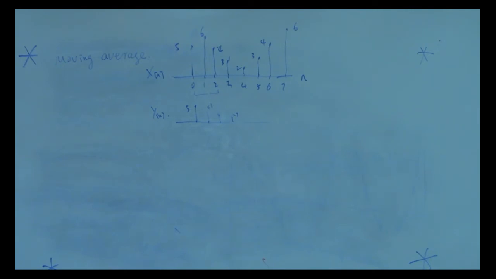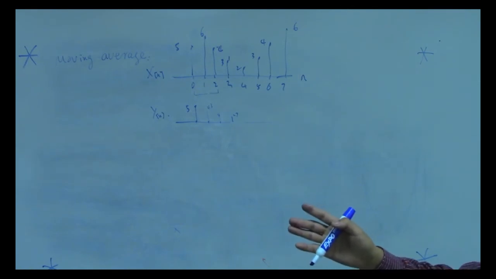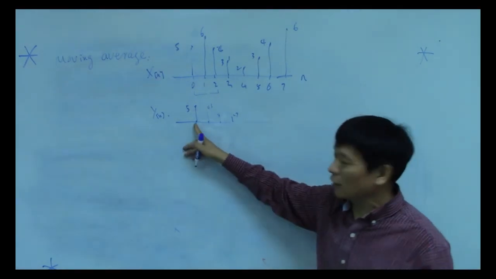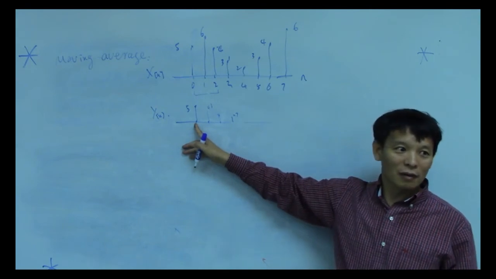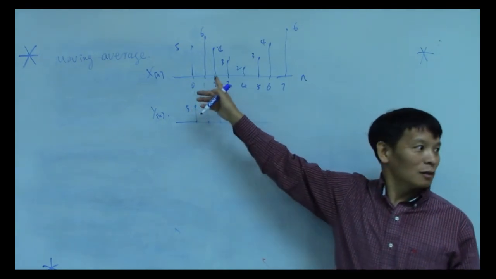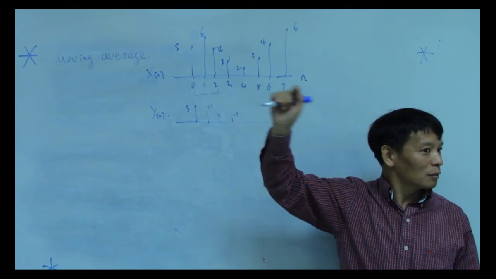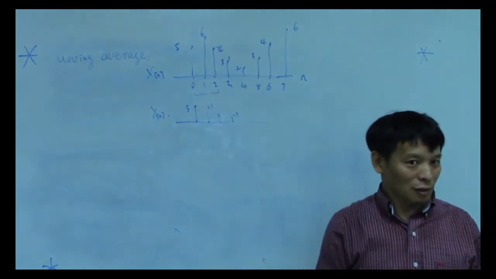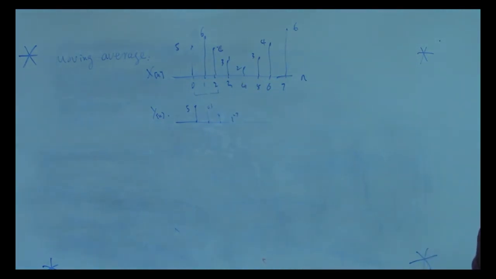When you calculate the output at this time, you need to use the input at the future time. Yes. This is not causal, right? For example, if you want to process the data here, you need to use the input at future times. So this is not a causal system. Make sense?